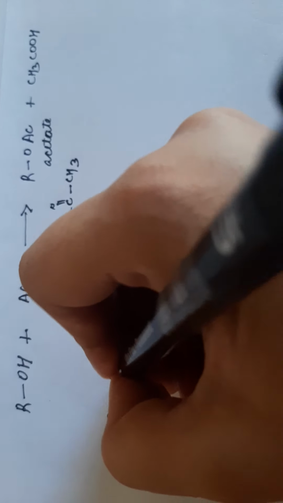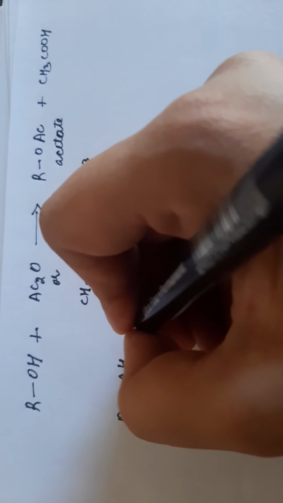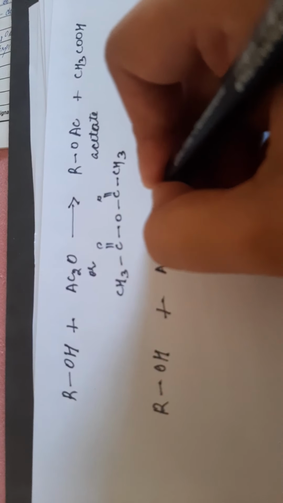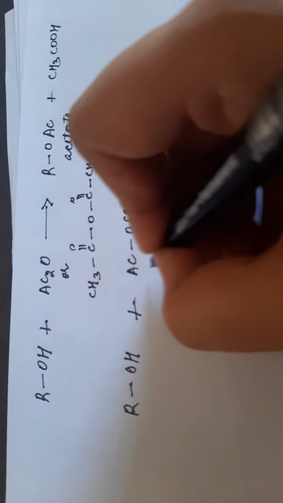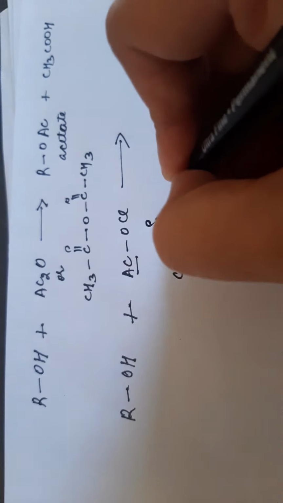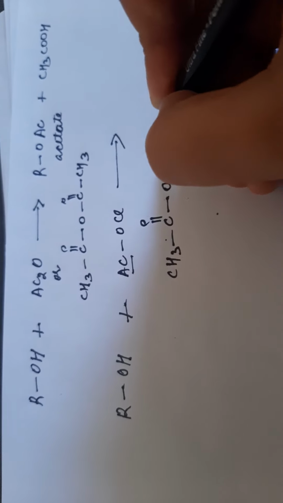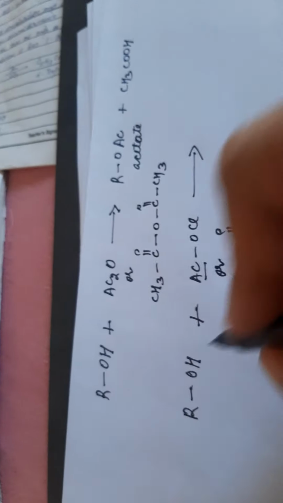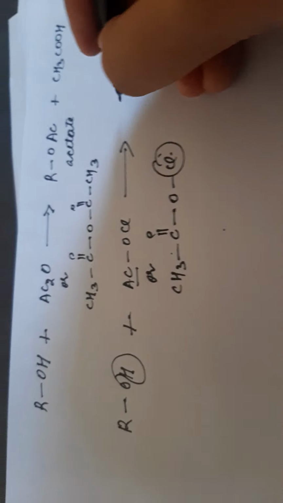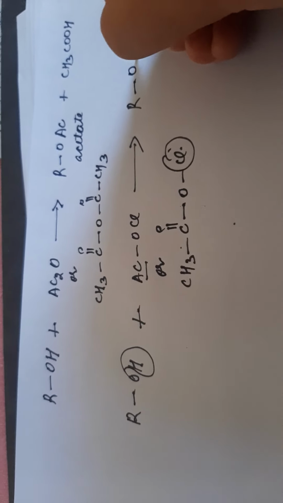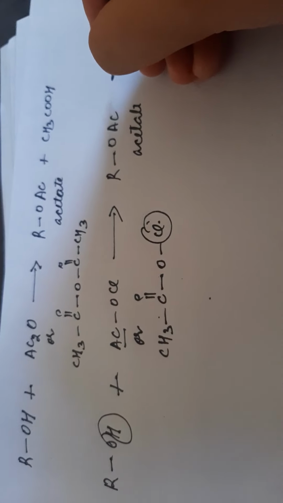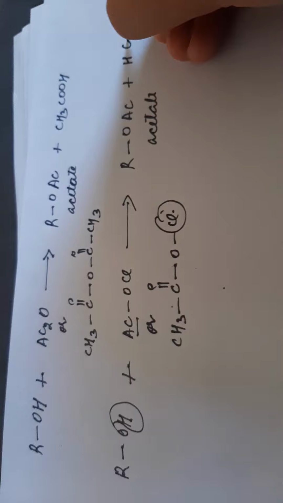Similarly, if we treat a terpenoid having the hydroxyl group with acetyl chloride, where the acetyl group is CH3 C double bond O, Cl, then what will happen? Here the removal of HCl will take place and the formation of acetate plus HCl.